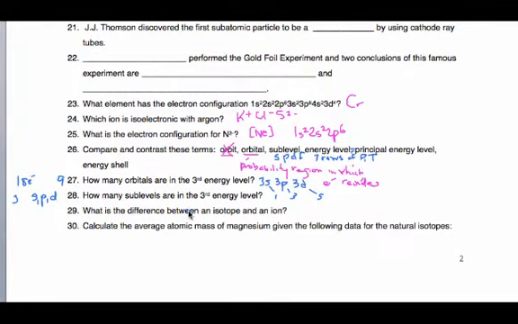What is the difference between an isotope and an ion? An isotope is the same number of protons, different number of neutrons. An ion is a charged atom. So let's give an example of each of these. Isotopes would be carbon 12.